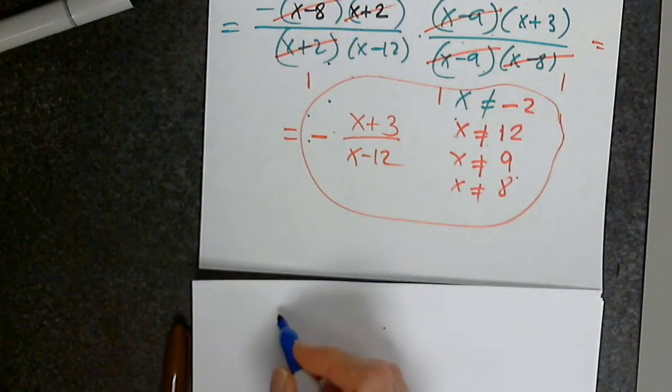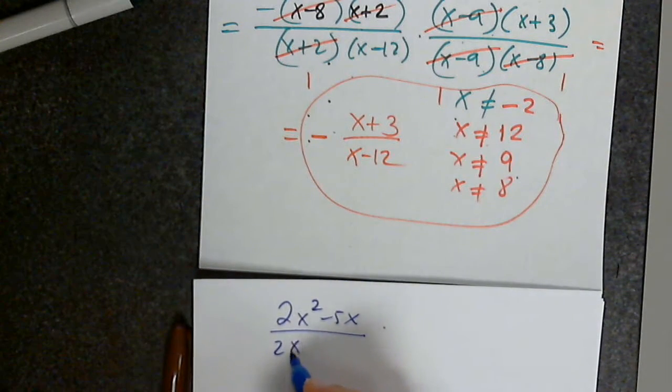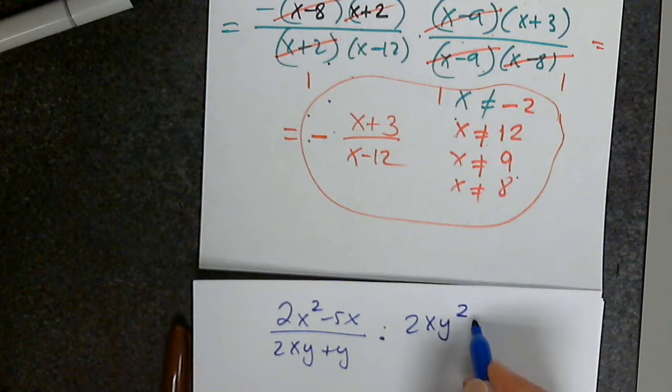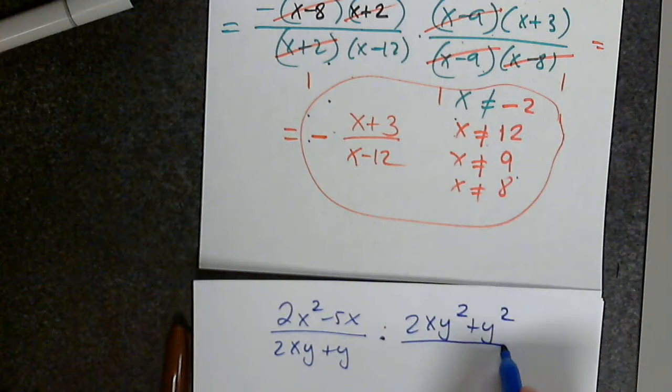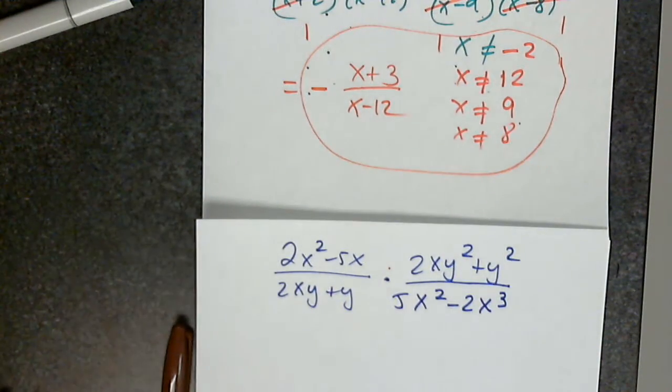Okay, so we're working on B, so 2x squared minus 5x over 2xy plus y multiplied by 2xy squared plus y squared over 5x squared minus 2x cubed. Okay. Let's work on this for 1 minute. Remember, if something is twisted, as we discussed in chapter 6, it has to be rearranged. The negative leading coefficient has to come out, etc., etc.